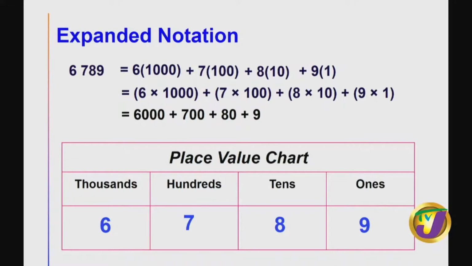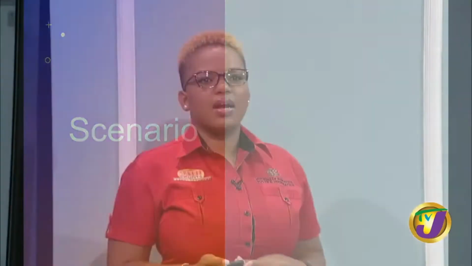Now, when I'm looking at the expanded form, I can just simply look at it and say 6,000, I'm seeing the 700, the 80, and the 9. So with expanding the number, that would have helped any student to easily call the number name, right? Yes.